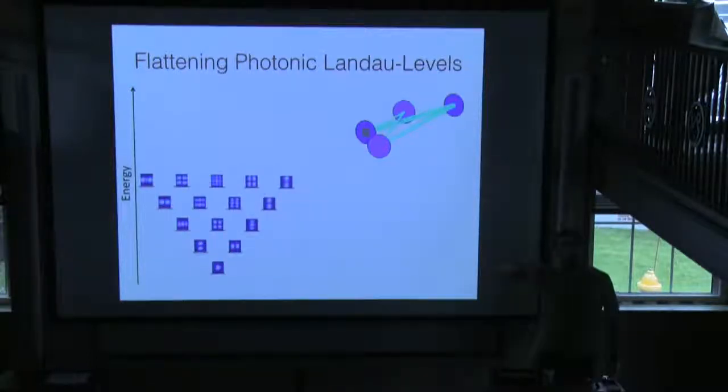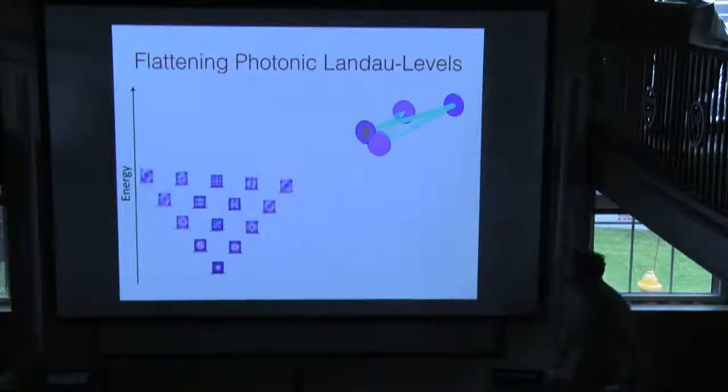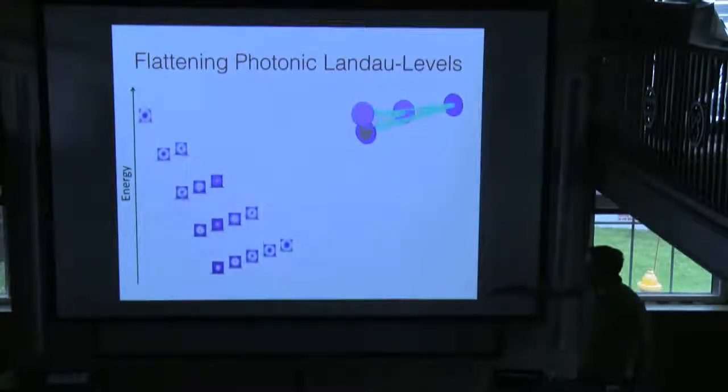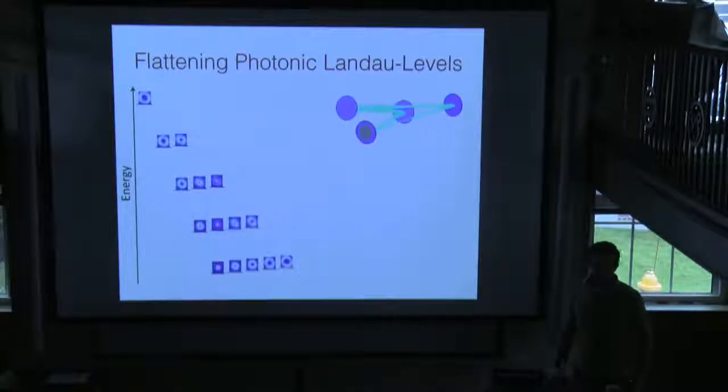And when the phase winds in the same direction as the twist, the energy goes down. And when the phase winds in the opposite direction from the twist, the energy goes up. Okay? And so as I twist, we get these ring modes, which maybe looked familiar from that Landau level story earlier, right? And we can basically make them degenerate by twisting the cavity.